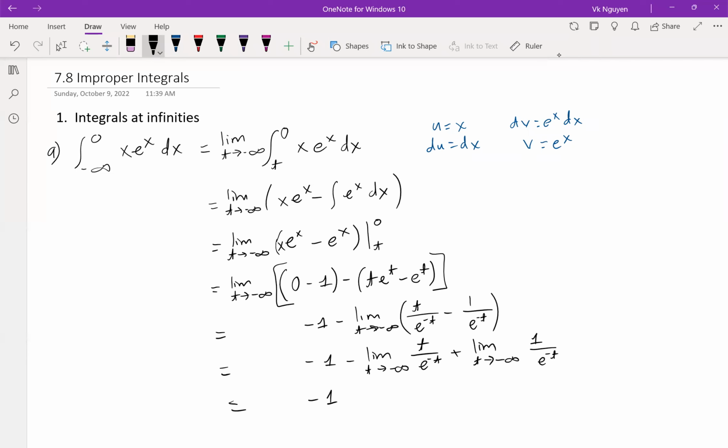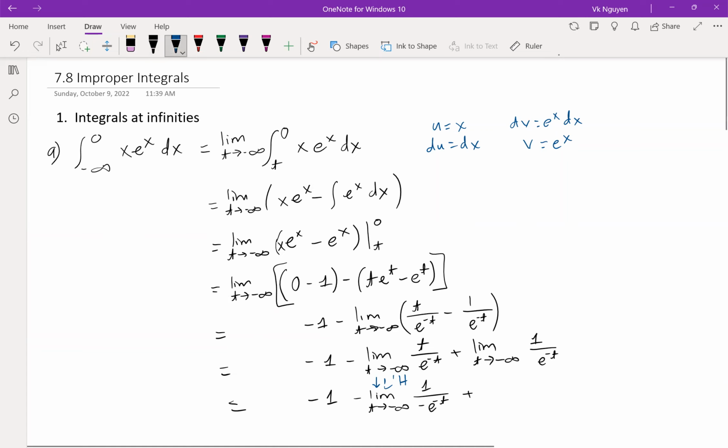Negative 1. When we do the direct sub, we have infinity over infinity. Using L'Hopital's rule, we get the limit as t goes to negative infinity of the derivative of the top, which is 1, over the derivative of the bottom, which is minus e to the minus t.